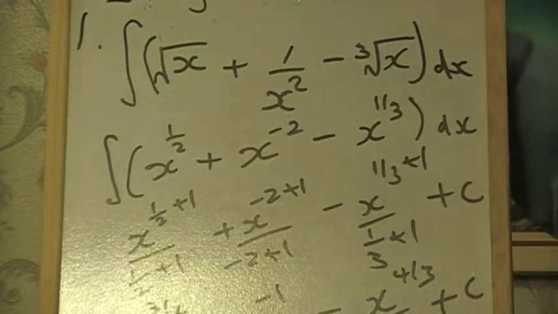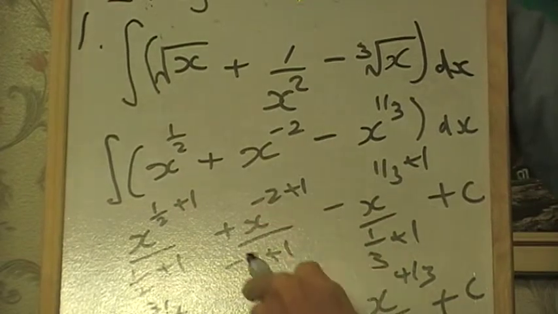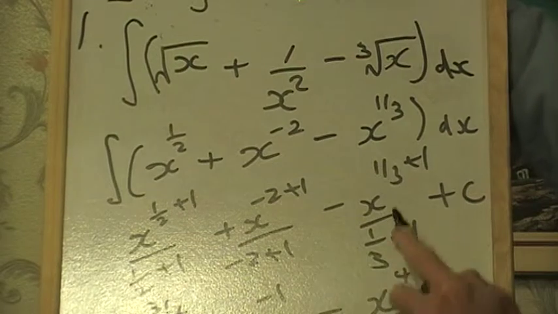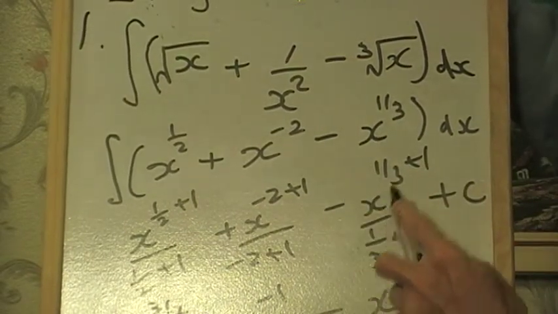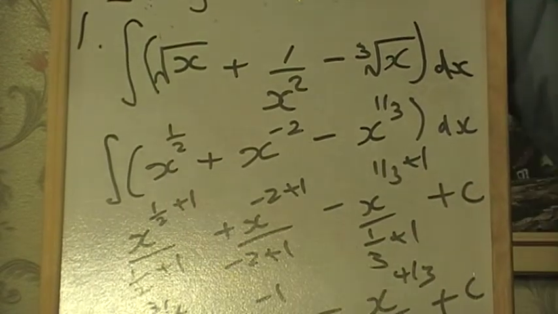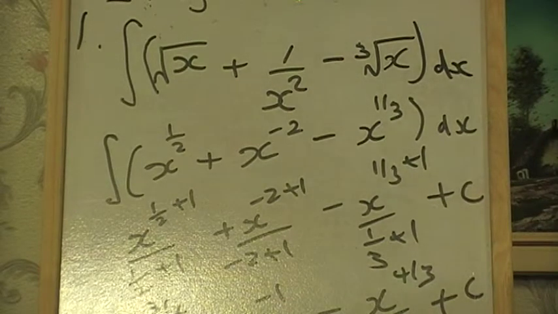We didn't like the cube root of x, so we turned that to x to the third. If you go through the integral process, we had x to the minus 2 plus 1 over minus 2 plus 1, and for the cube root of x, then the minus x to the third plus 1 over a third plus 1, and of course plus the constant on the end. And then in the conclusion we simplified by inverting the fraction.